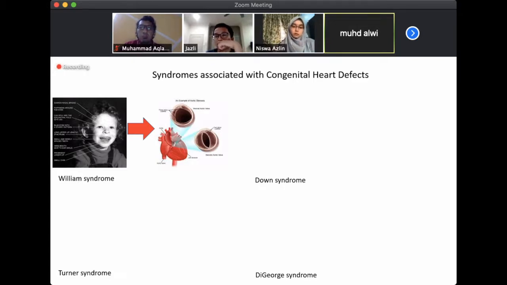They appear later, usually once the pulmonary pressure is slightly reduced, then you can hear the murmur. Earliest will be around day 2, day 3 of life. PDA is quite earlier, maybe day 2, day 3, but VSD, ASD, sometimes after a week of life baru you can hear the murmur.